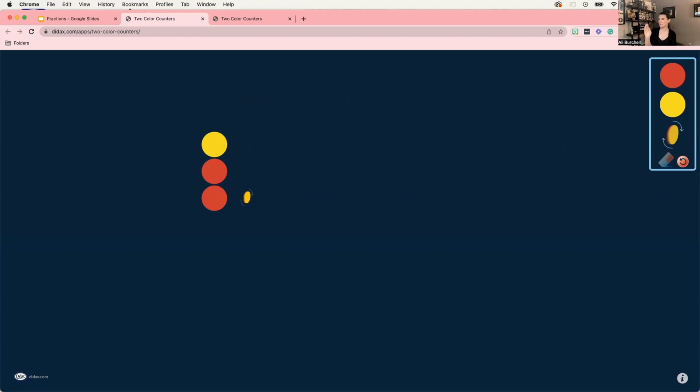I have this nice and neat lined up, and to find an equivalent fraction, all that I need to do is to make equal columns in this case. So I'm going to continue this pattern of having 1 above, 1 that's yellow, and 2 that's red in each column. So 1/3 is equivalent to 2 out of 6, or 2/6.